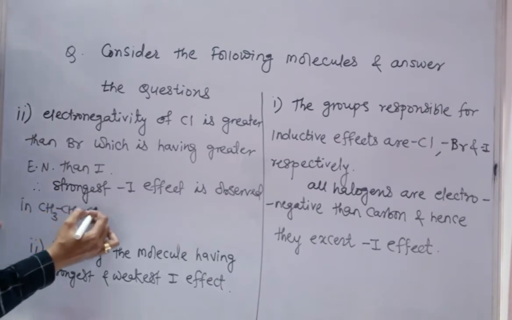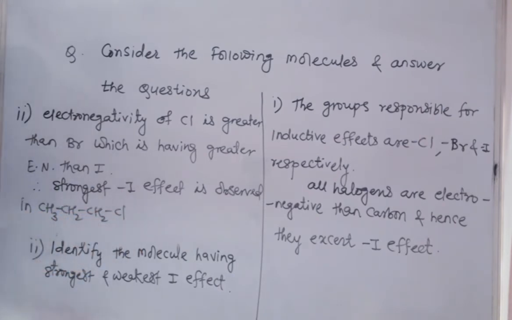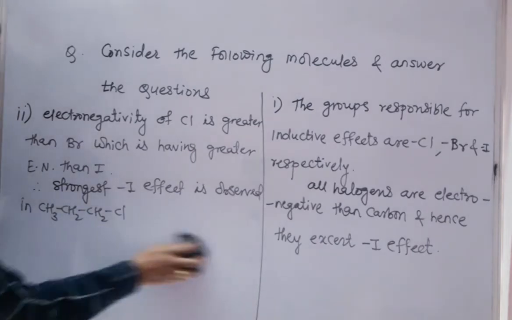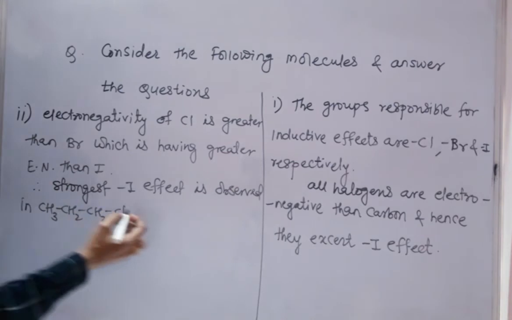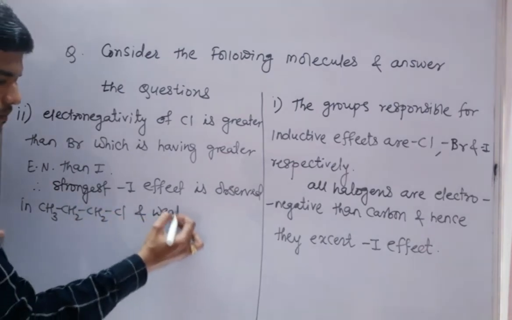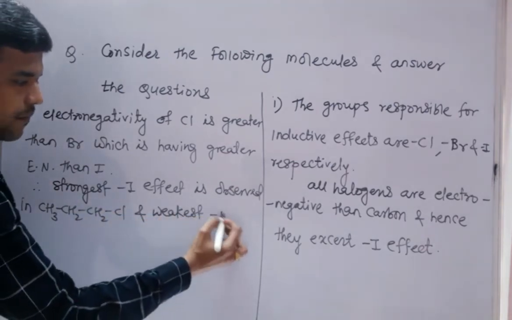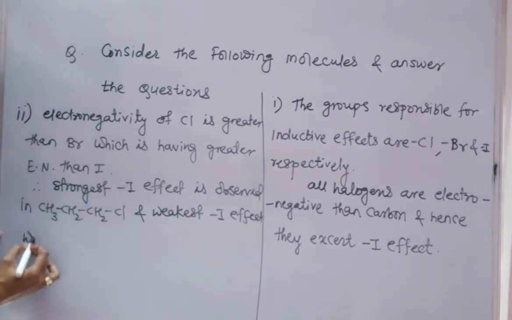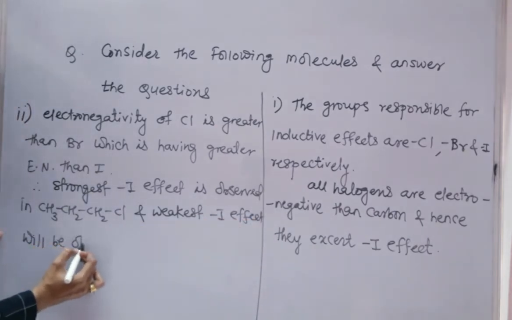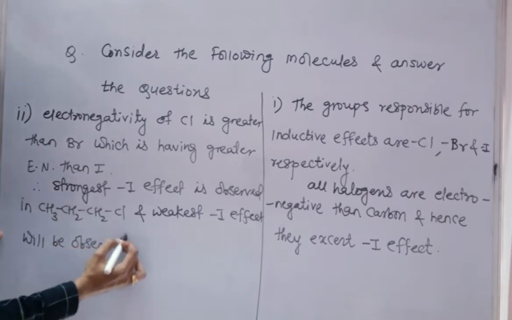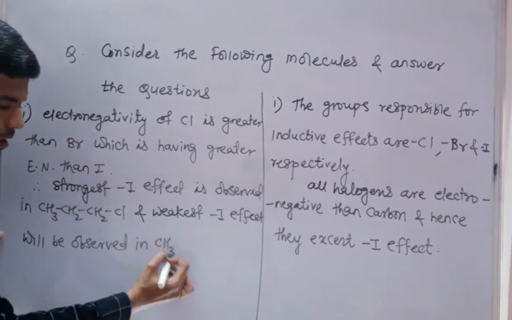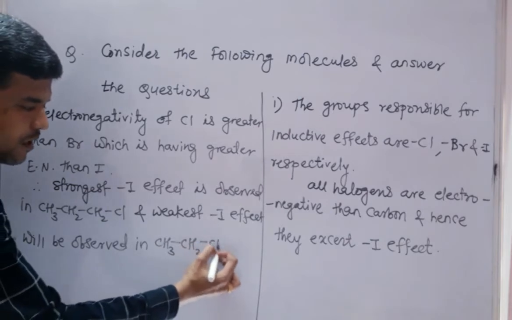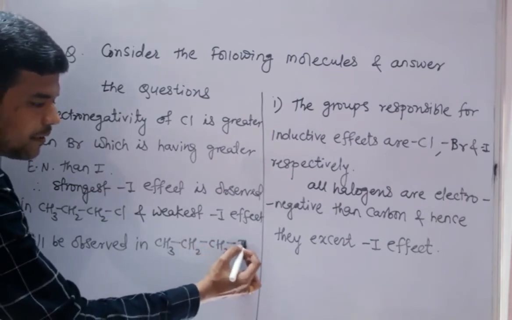CH3CH2CH2Cl, and the weakest minus I effect will be observed in CH3CH2CH2I.